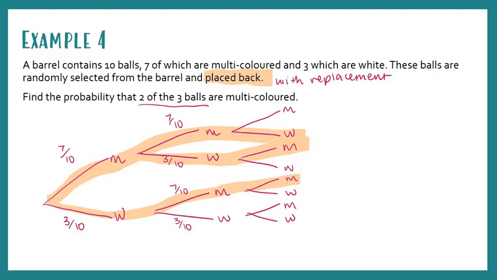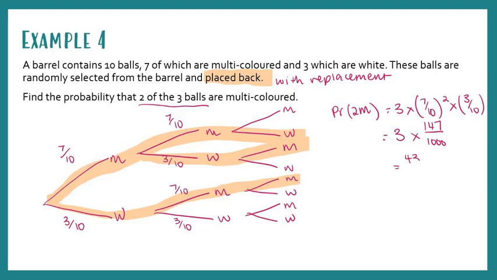And so because those probabilities don't change along the way, I can actually just say 3 times and just do one of those branches. And so I have 7 over 10 times 7 over 10, which is 7 over 10 squared, times 3 over 10. So this ends up being 3 times 147 over 1,000, which ends up being 441 over 1,000.